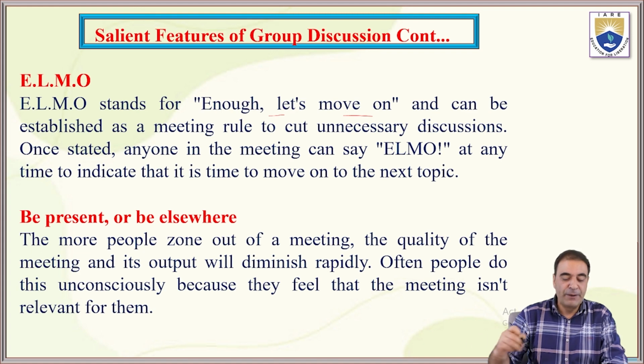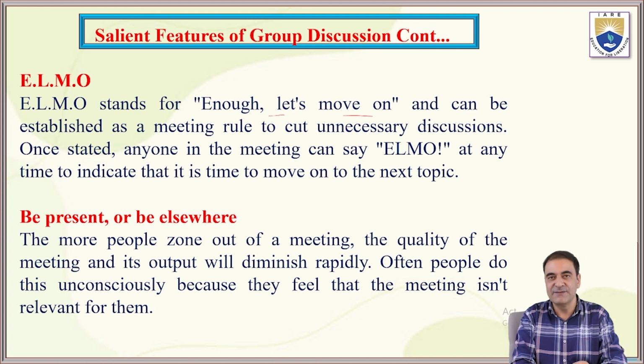Next one is be present or be elsewhere. It means the more people zoom out of a meeting, the quality of the meeting and its output will diminish rapidly. Often people do this unconsciously because they feel that the meeting isn't relevant for them. That's very important. In any group meeting or in any group discussion, everyone must be alert.